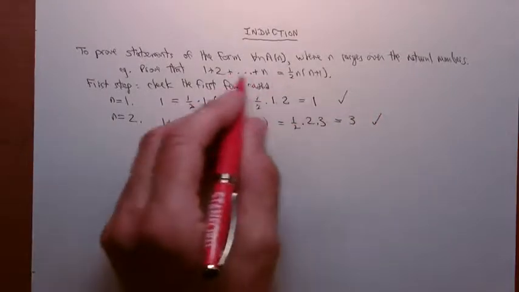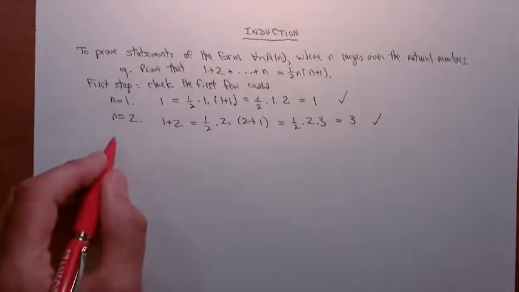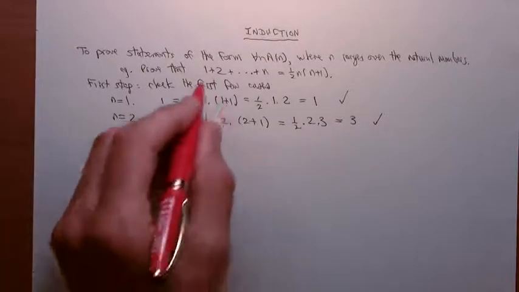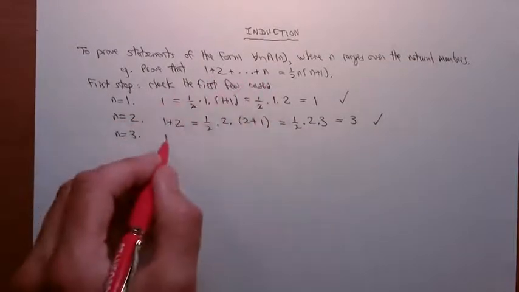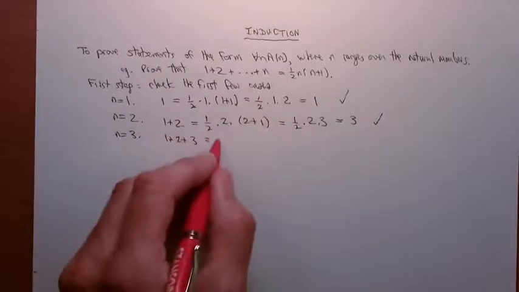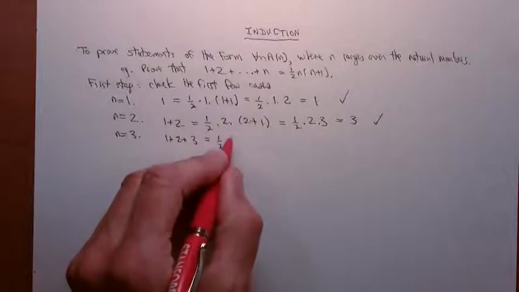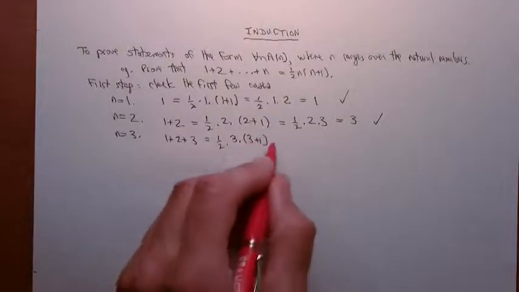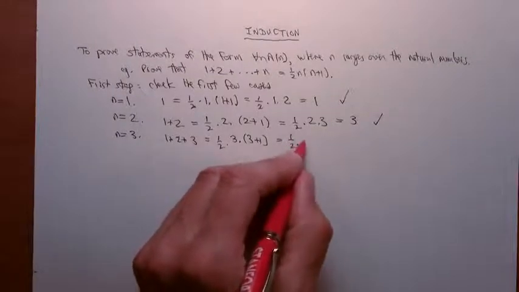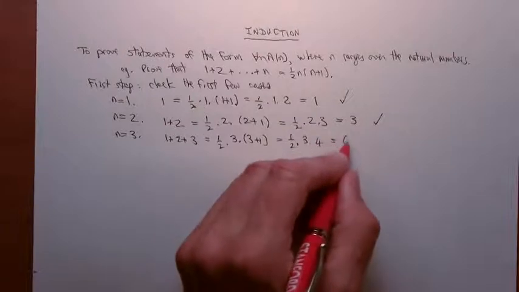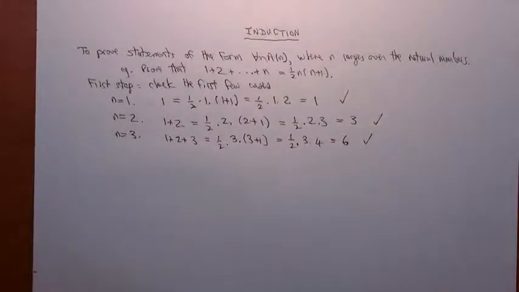So the formula is correct for n equals 2. We might want to try n equals 3. What do we get then? We get 1 plus 2 plus 3 equals a half times 3 times (3 plus 1), which is a half times 3 times 4, which is 6, which is correct.